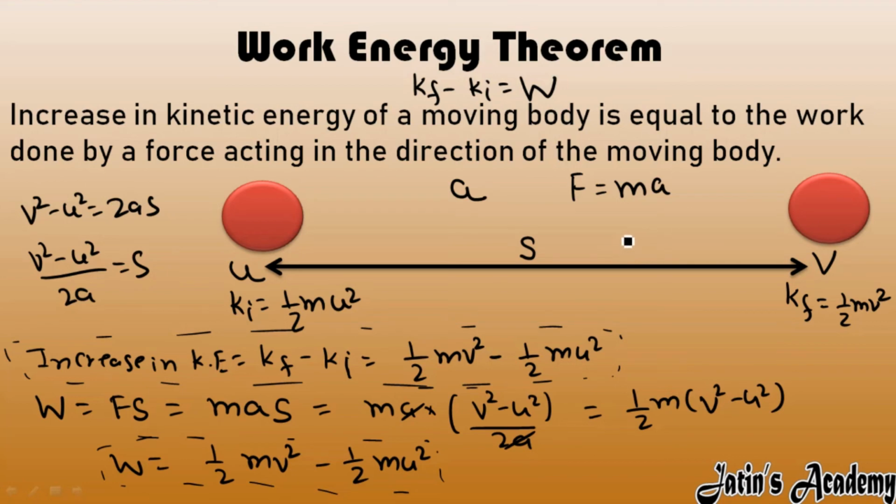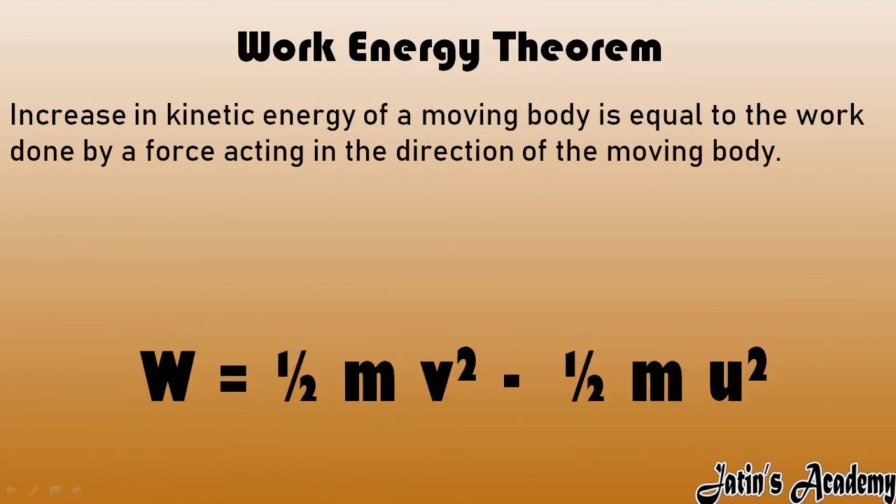Clear? So this is the expression of the work energy theorem, in which the work done on a body is the increase in kinetic energy. Here, half mv square is the final kinetic energy and half mu square is the initial kinetic energy. Final minus initial kinetic energy is the increase in kinetic energy, which is equal to the work done.